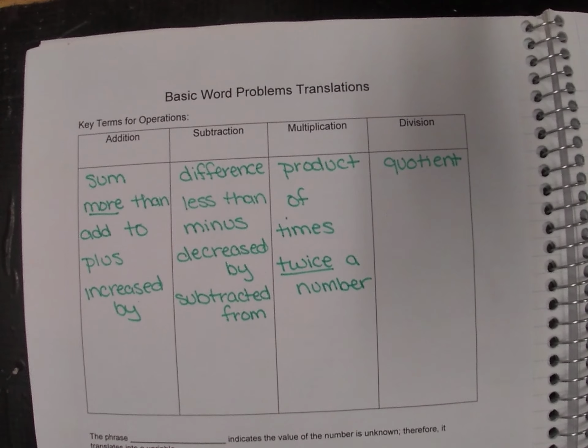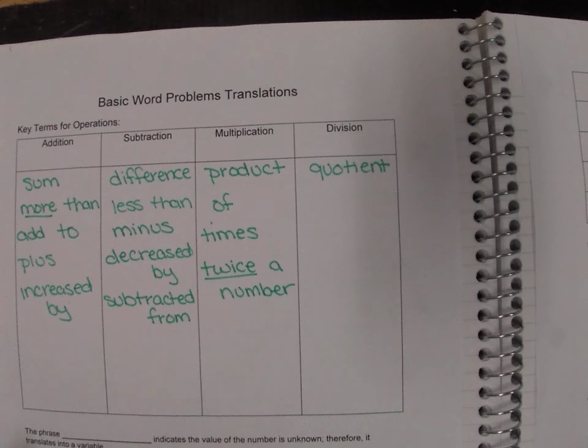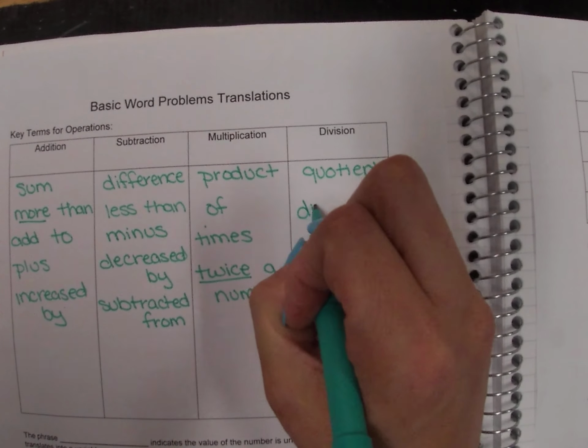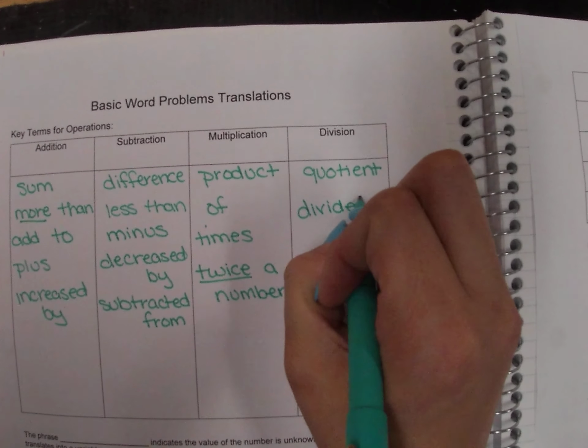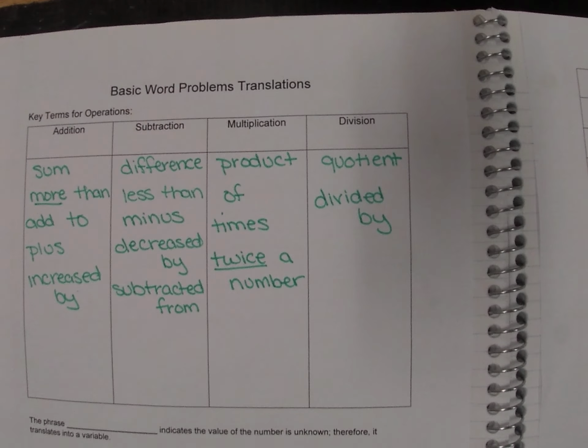Any type of thing in there could go in. Division is sort of our loneliest one. It doesn't get a lot of options. We have quotient, and we really have divided by, and that's about our list. I guess we could see the actual word division. We could see the actual word multiplication.